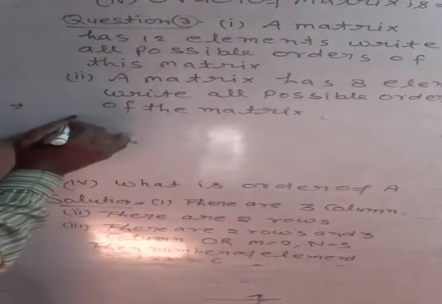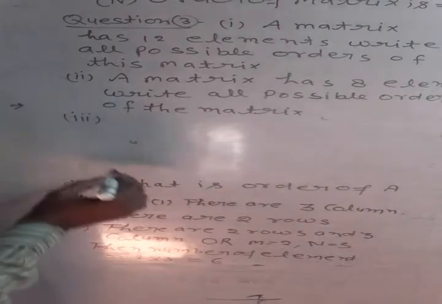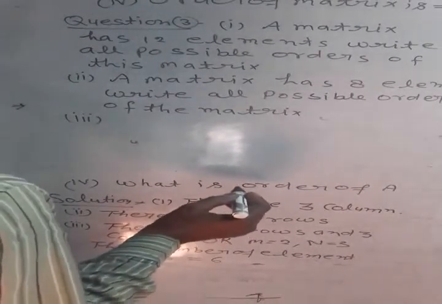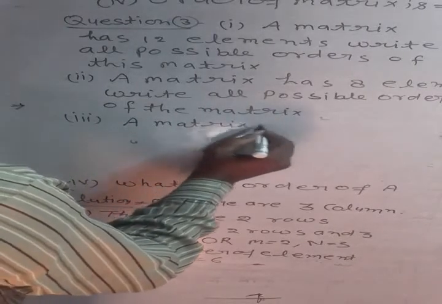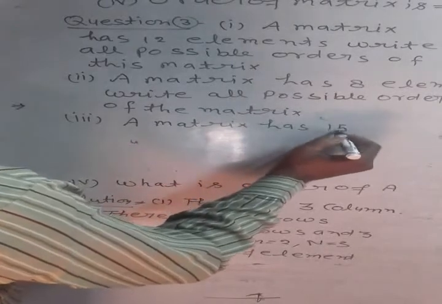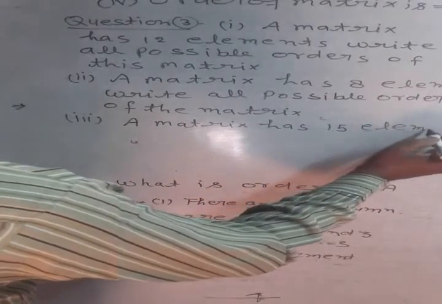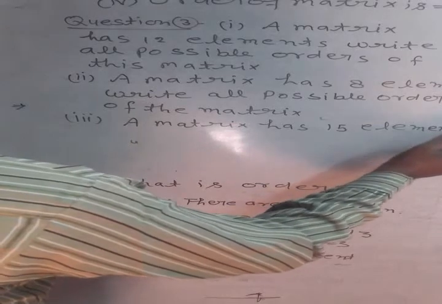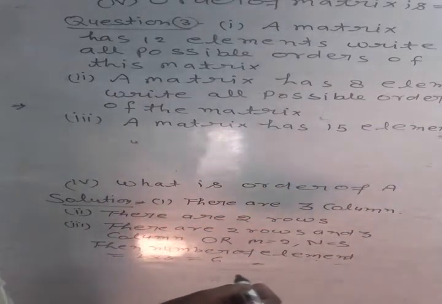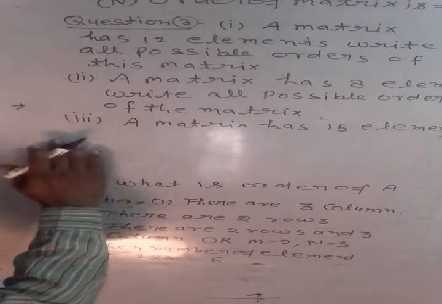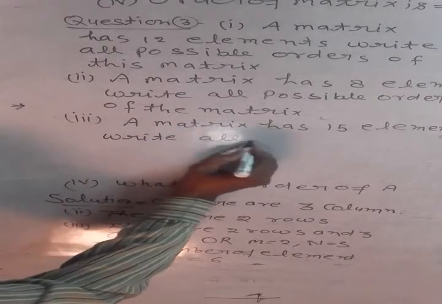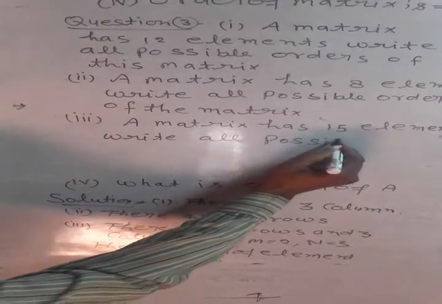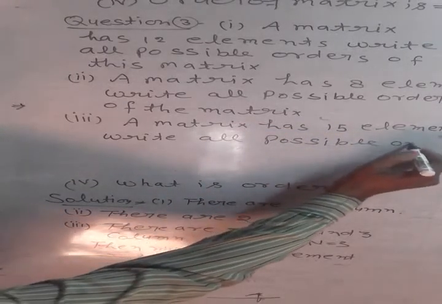Third number, a matrix has 15 elements. Write all possible orders.